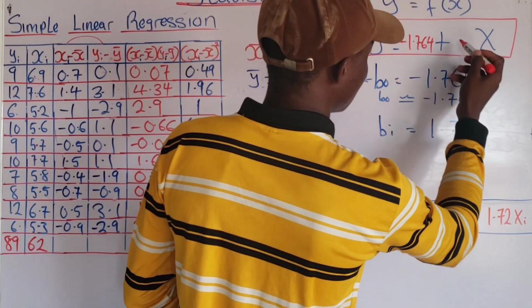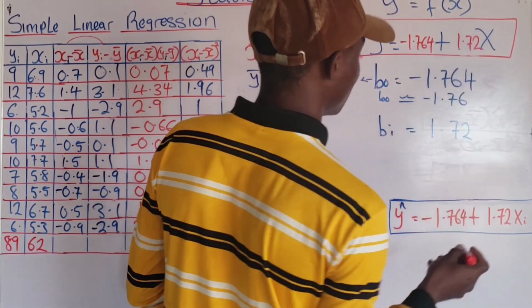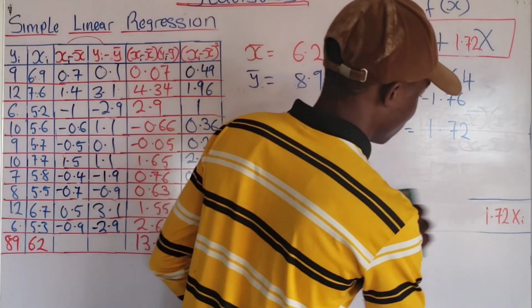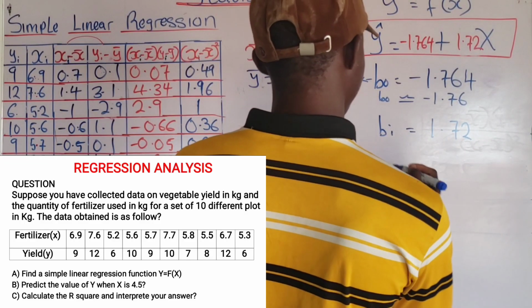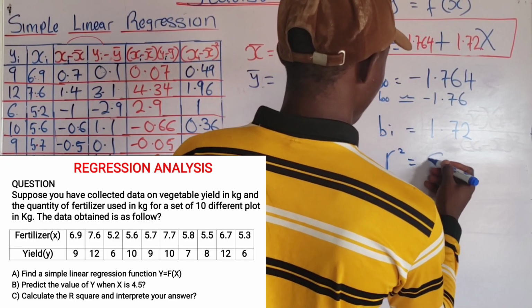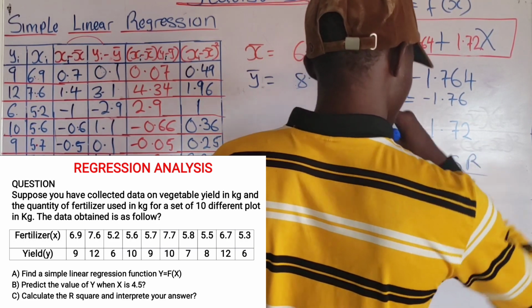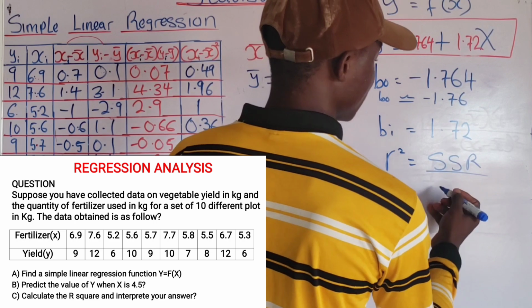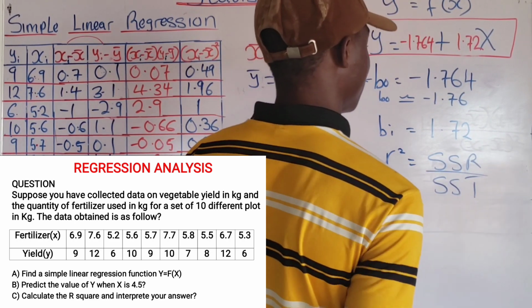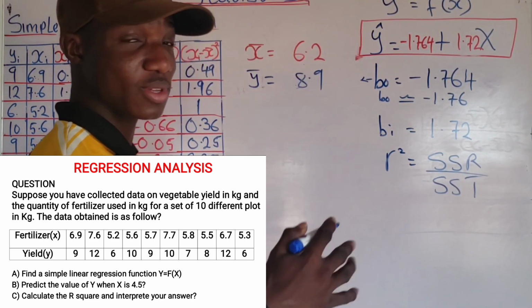Then we have 1.72. You understand? Okay, so I can erase this now. Now, R squared is given by this formula: SSR all over SST. You understand? Don't worry, I'm going to explain, okay? Just pay attention.